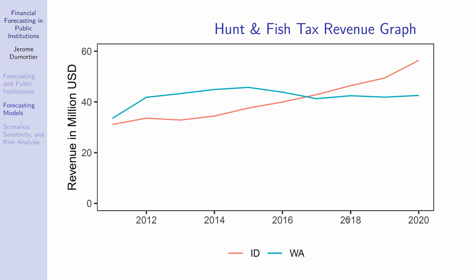Now here you can see the tax revenue for the hunt and fish license tax for the 2 states. And what I would like to highlight here is that I have picked those 2 states as well as the hunt and fish tax revenue, because both states are slightly different in the sense that for the state of Washington, you have a rather constant revenue over time, whereas for the state of Idaho, you have an increasing revenue over time.